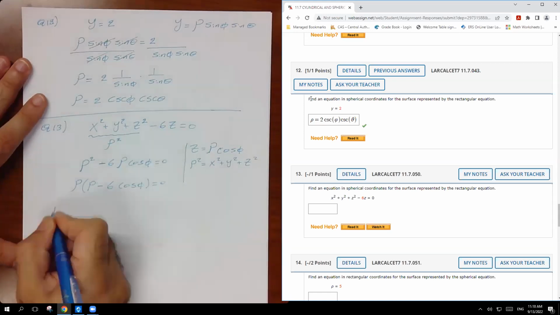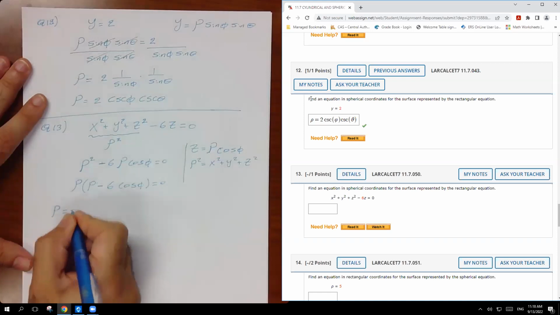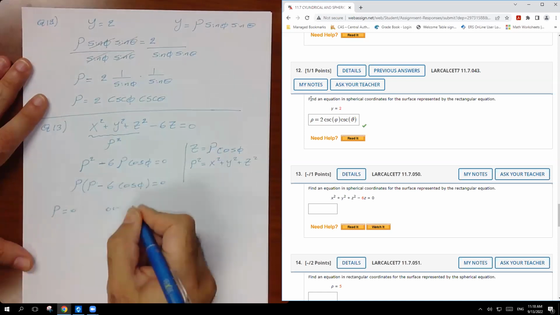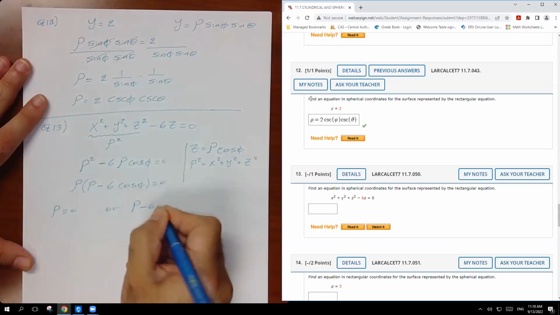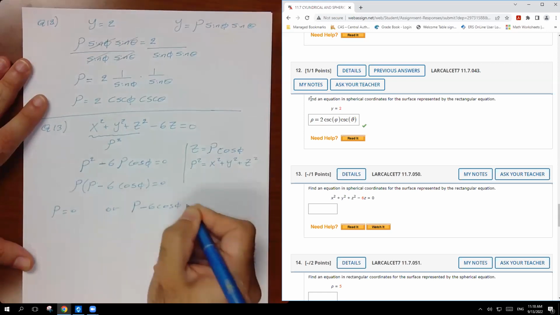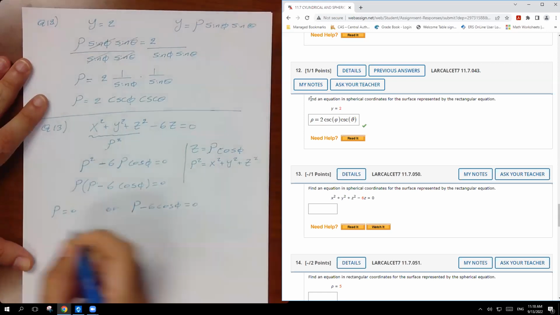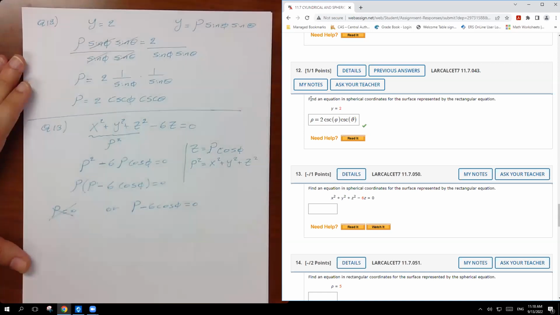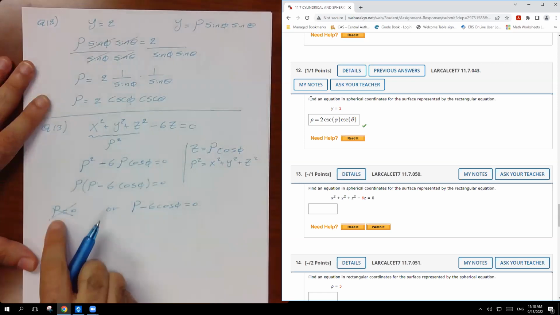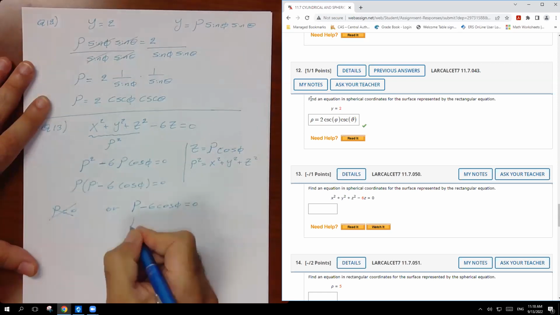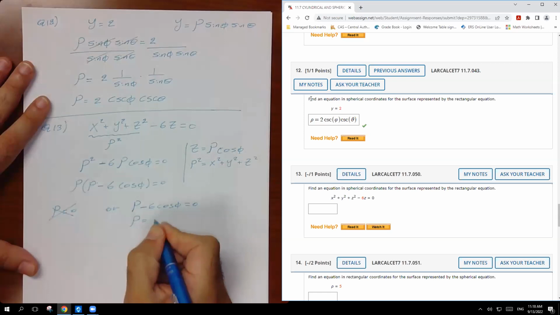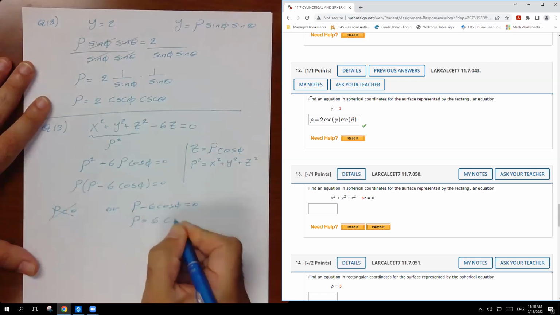That means we have rho equals 0, or rho minus 6 cosine phi equals 0. The first one can't equal 0, because that means there is no distance. So this is not acceptable. Just the other side, and we have to solve it. So rho is going to be equal to 6 cosine phi.